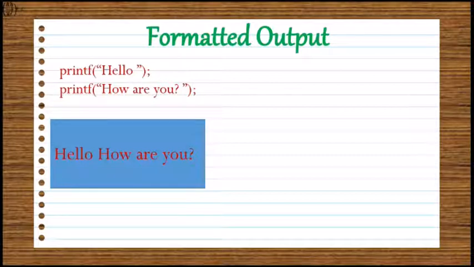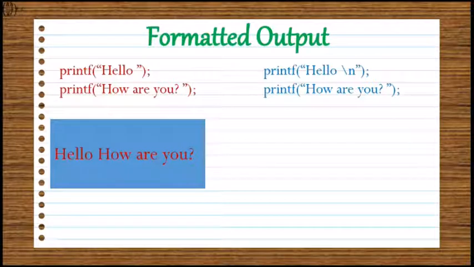So even if you have written 2 separate printf functions, while printing it will print in a single line. A new line can be introduced by the help of a new line character, that is \n. So suppose we write the same statement, that is printf hello, but we have used \n, then again printf and how are you.